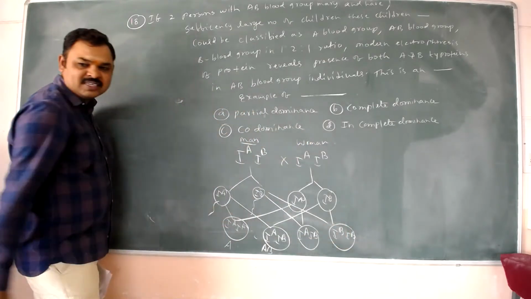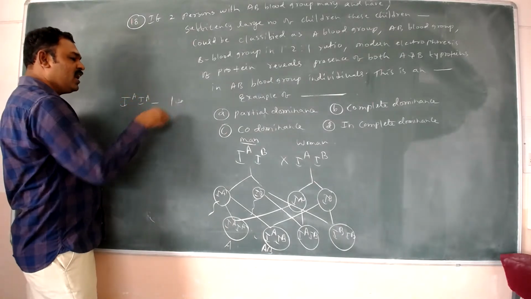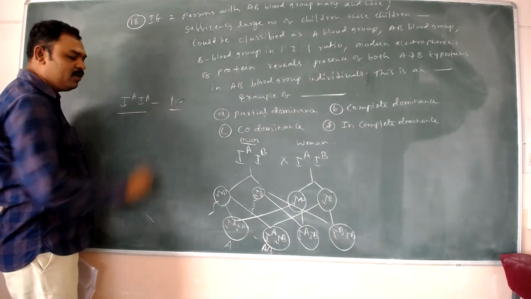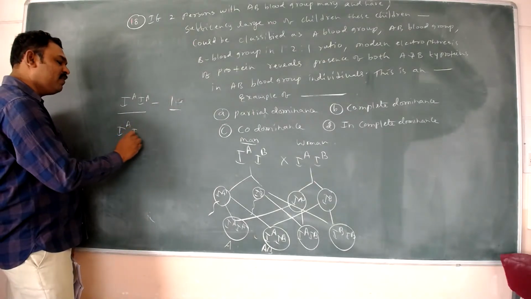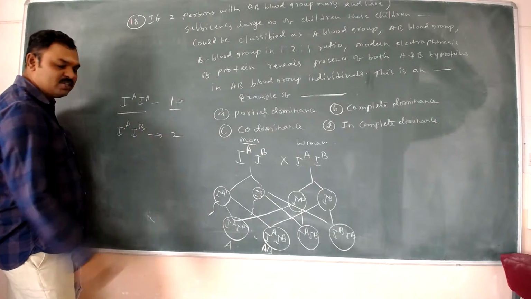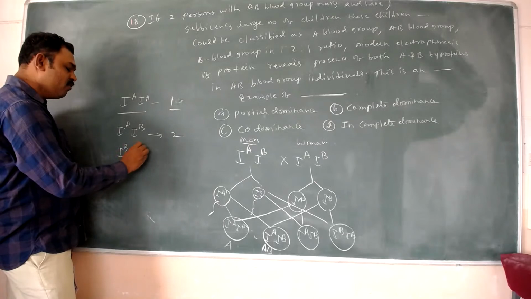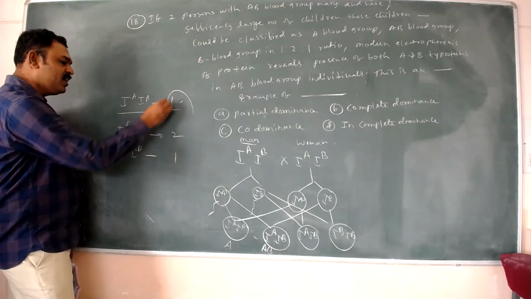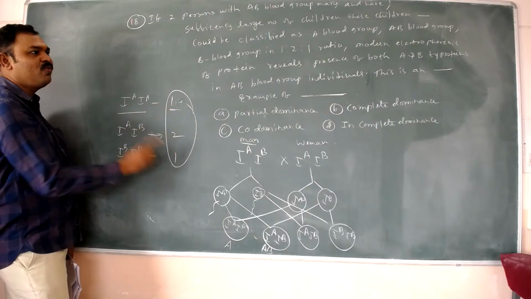What is the ratio? First one is A blood group, IA. Out of 4 children, how many A groups are there? 1. How many AB groups? 2 individuals. How many B group? 1 individual. So the ratio is A, AB, B, 1:2:1.